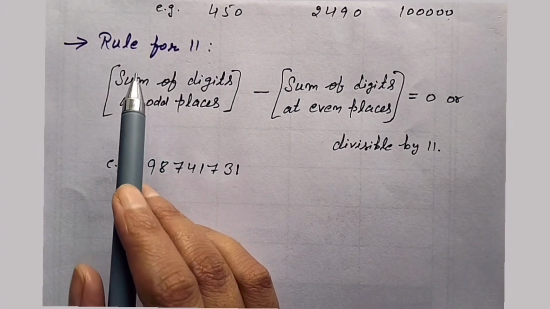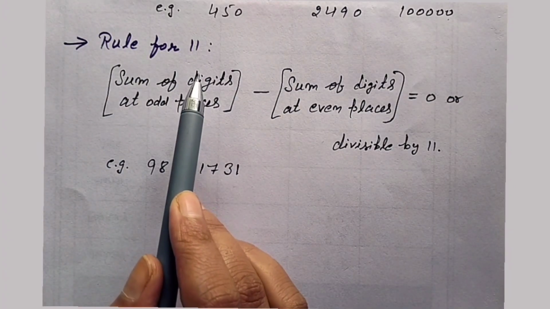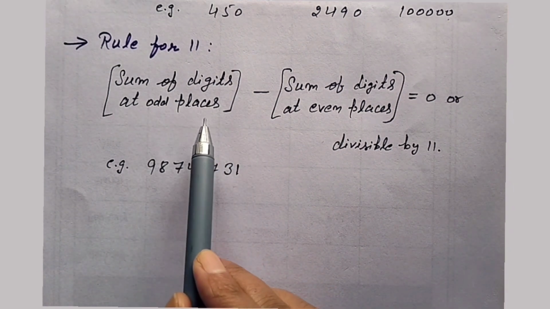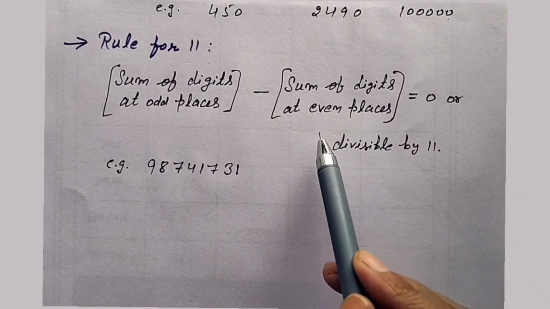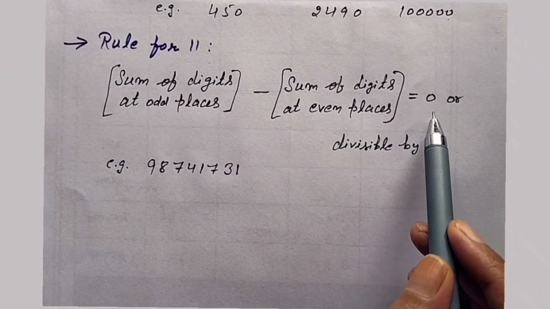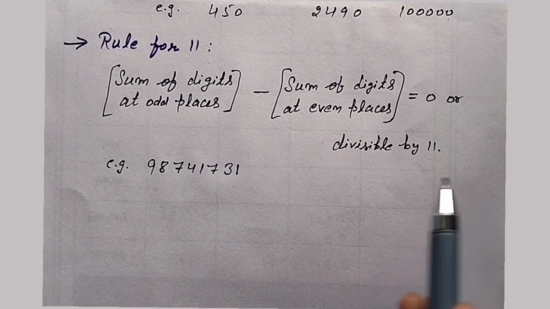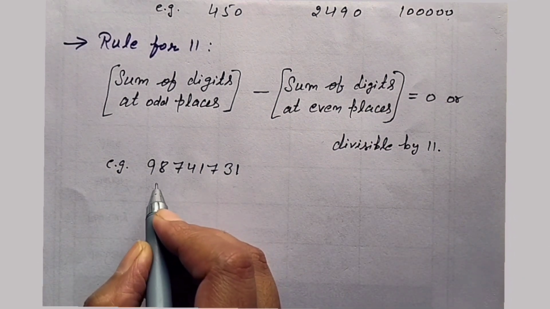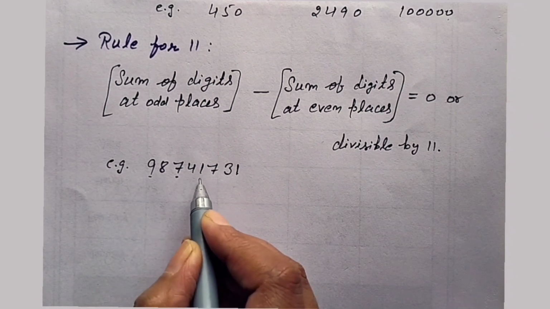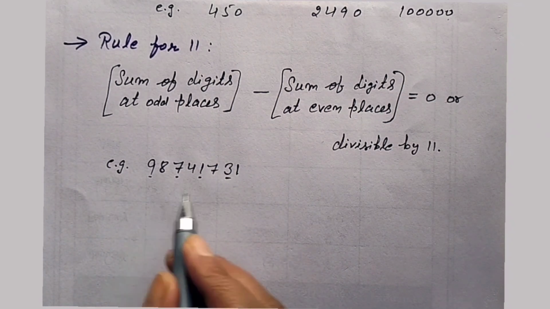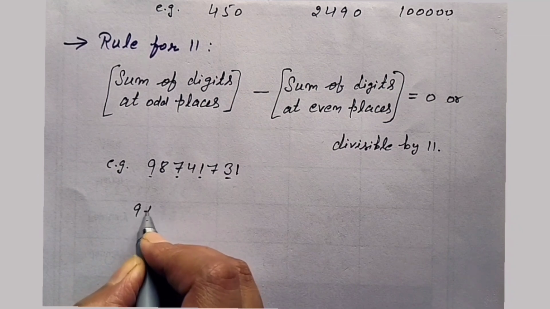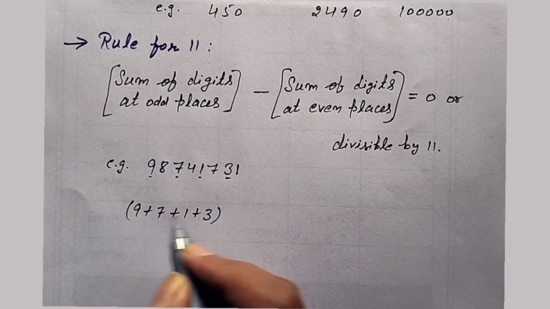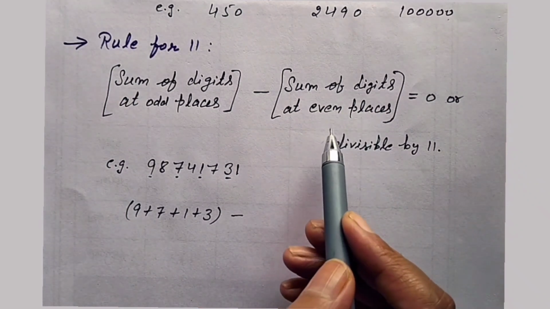Now the last divisibility rule is the rule for 11. Here we have to check that the sum of digits at odd places minus the sum of digits at even places should be equal to 0 or divisible by 11. For example, this is a number. So the odd places are 9, 7, 1, 3. So we have to add them: 9 plus 7 plus 1 plus 3, minus the sum of digits at even places.